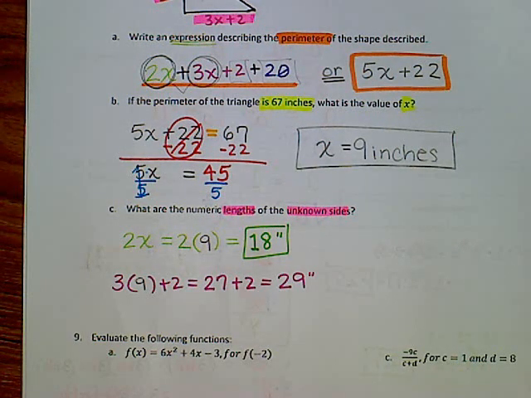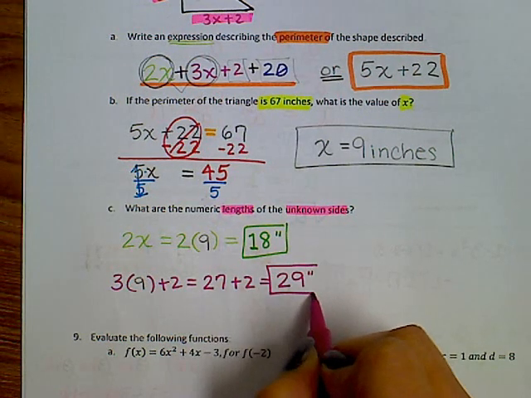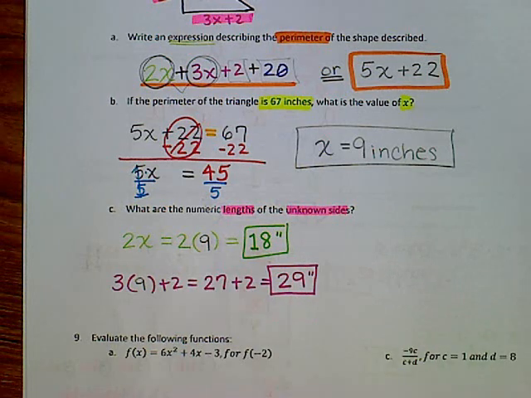All right. So we should have 18 plus 29, and then plus 20 gives us our original 67 inches. So these are our 2 missing links, and they do check out.